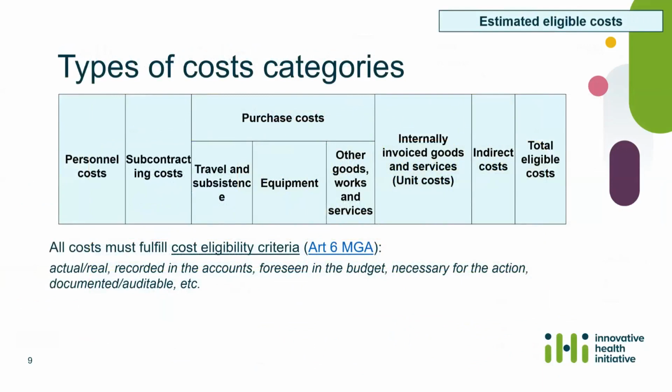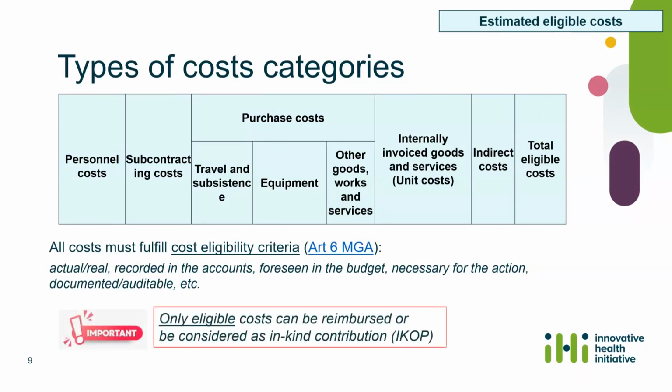They need to be foreseen in the budget of the proposal, and they have to be incurred during the project implementation. So there is a list of different cost eligibility criteria. It is in the Article 6 of the Model Grant Agreement, so I really recommend you to have a look at those criteria, because it's very important, because only the costs that are eligible, they can be reimbursed or they can be considered as ICOP.